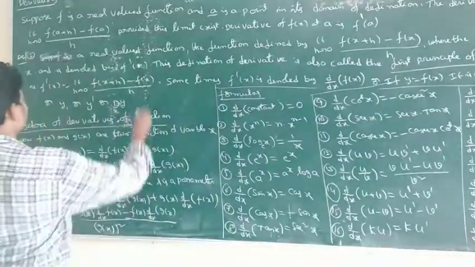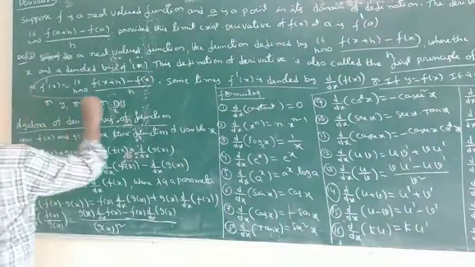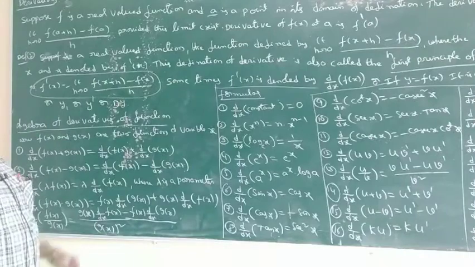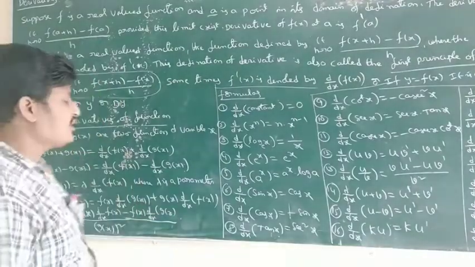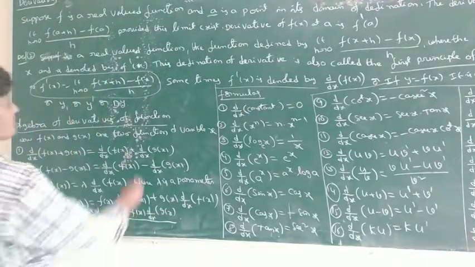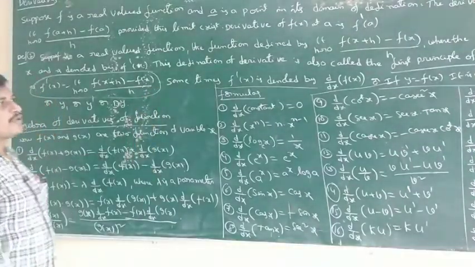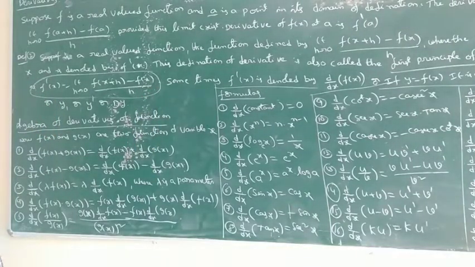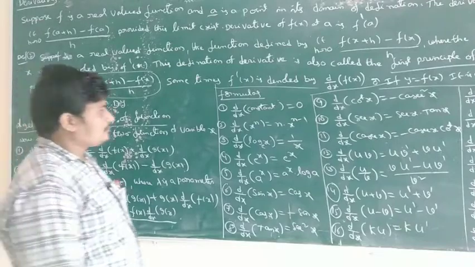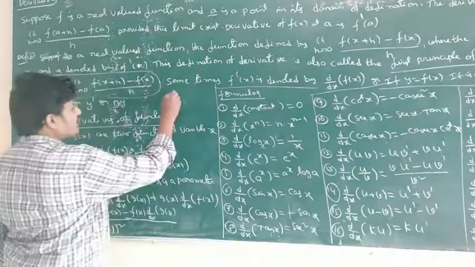The formula limit h tends to 0, f of x plus h minus f of x by h is called the first principle of derivative. So actually f of x is a function.